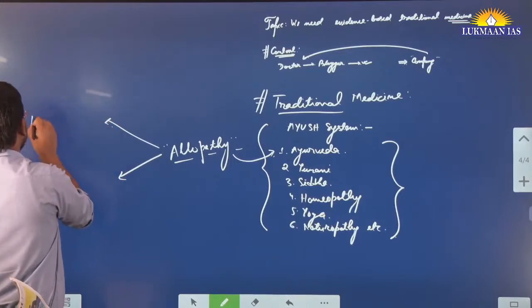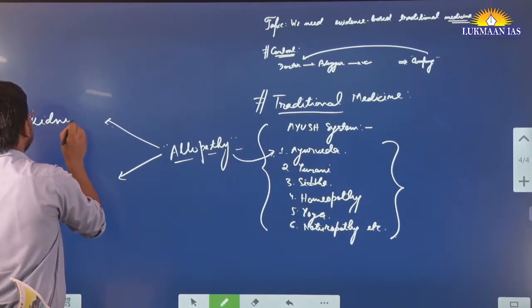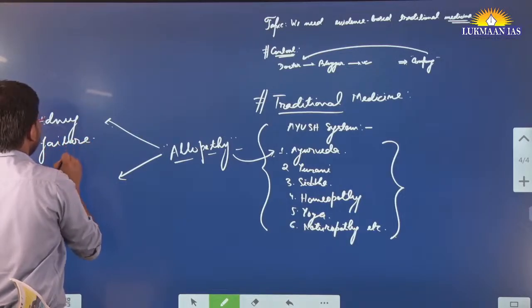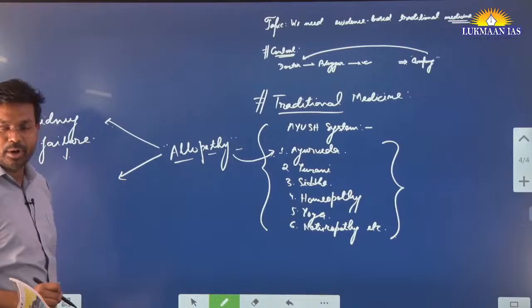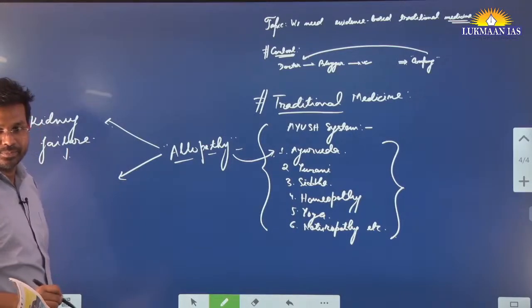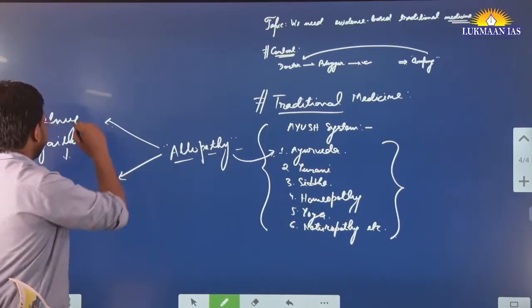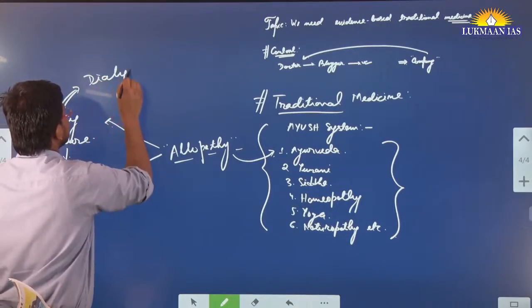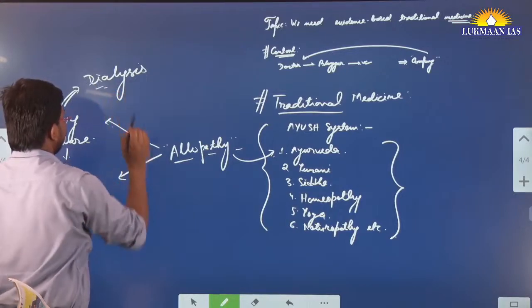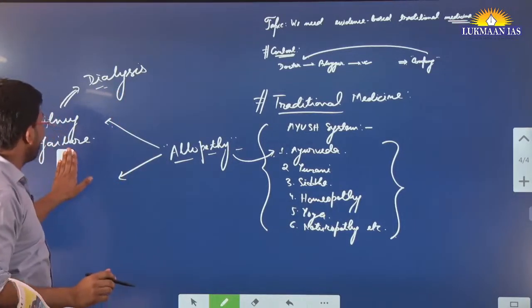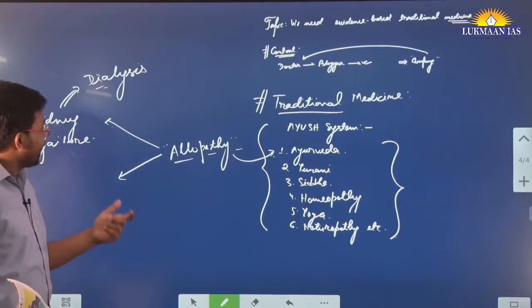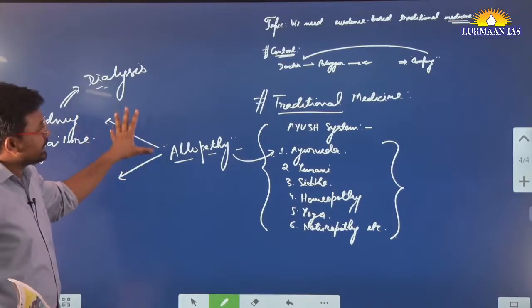For example, if someone has a kidney failure issue, there is the dialysis method. And also heart ailments: heart related surgeries have been made available through this allopathic system.